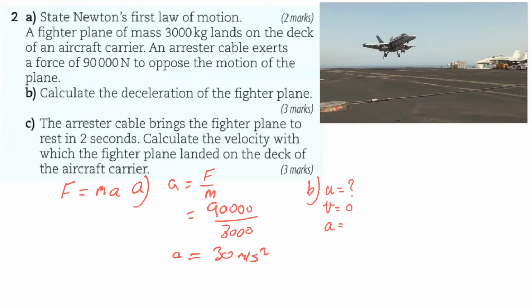We don't know u, we know the final velocity is 0, we know that a is going to be minus 30 meters per second squared because it points the opposite way to the incoming velocity. We don't know how far it goes, and we do know that the time is 2 seconds. Right, so we know that a is v minus u over t, multiplied by t, and we get at equals v minus u.